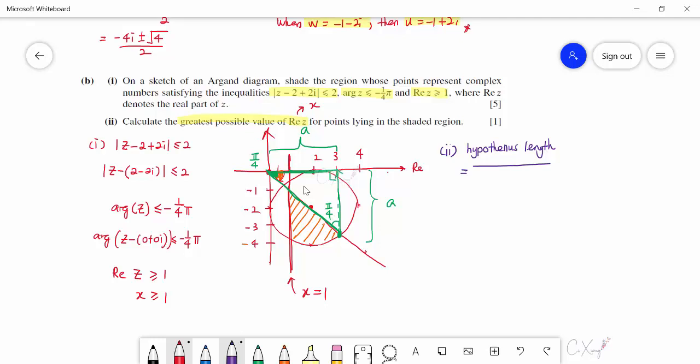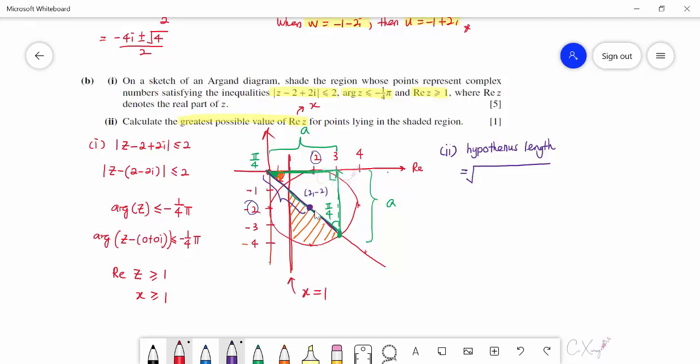The square root of, okay, so now, this length until the center plus the radius. So this length is the length for the point 2 and negative 2, right? The center is 2 and negative 2.